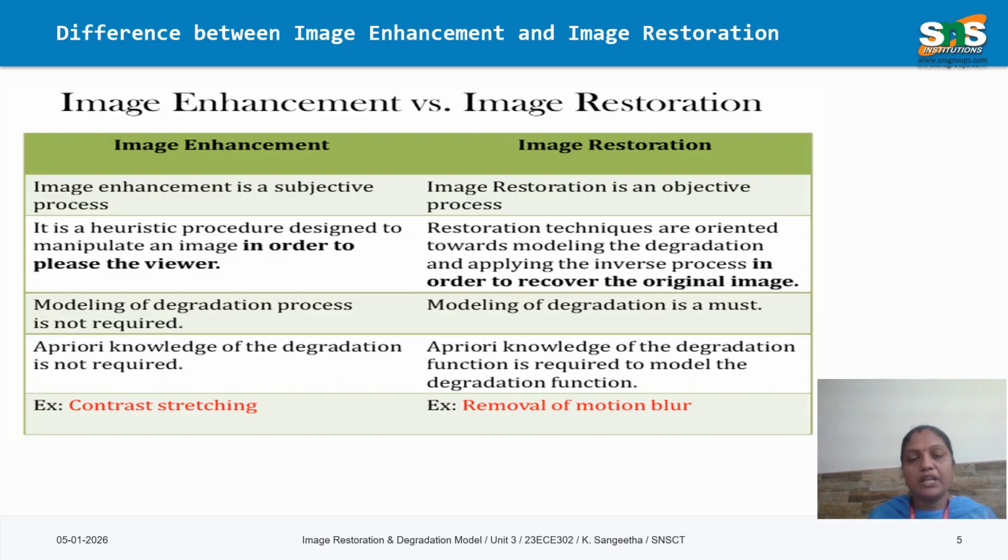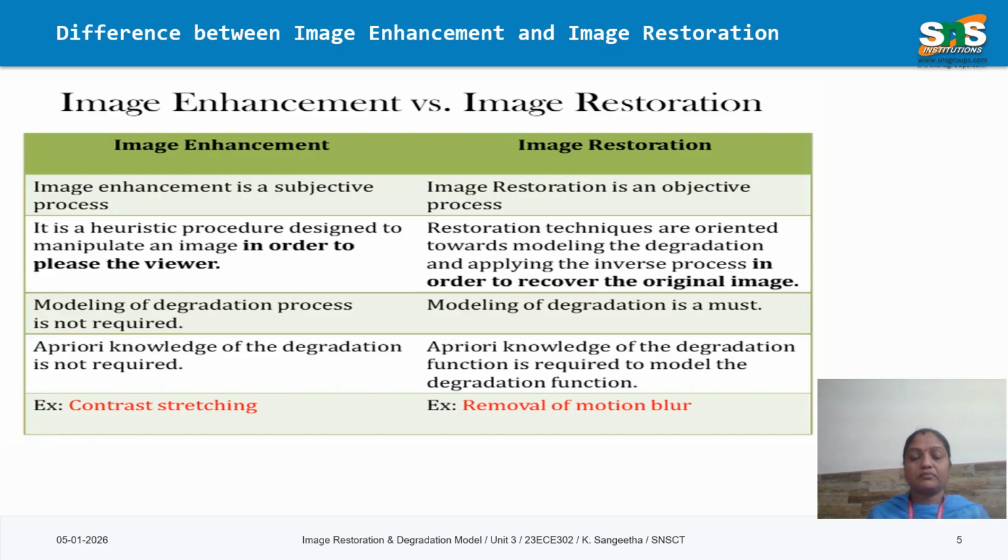Before that, we should know the difference between image enhancement and image restoration. Image enhancement is mainly used to improve contrast and brightness, but image restoration is used to recover the image from the blur and degradation function. Modeling of the degradation process is not required for image enhancement, but the modeling of the degradation should be known for image restoration.